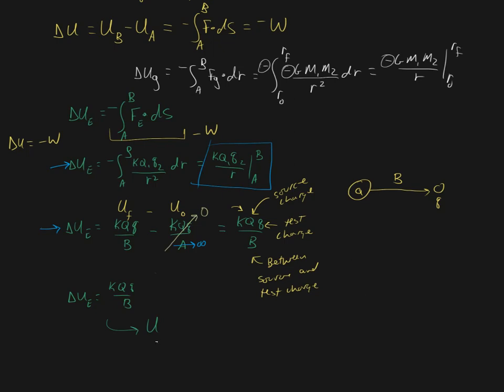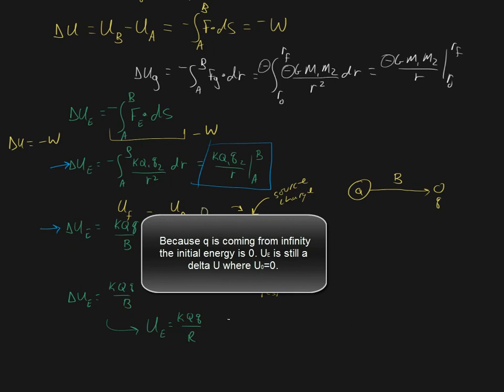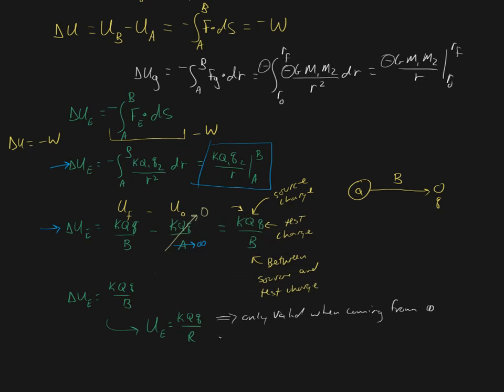So this is really just written as UE is equal to kQQ over R, where R is the distance between the two charges. But this is only valid when you're coming from infinitely far away. It's only going to be valid for point charges.